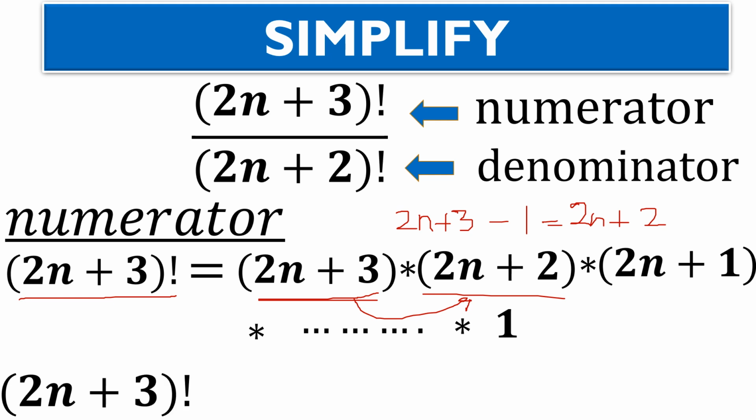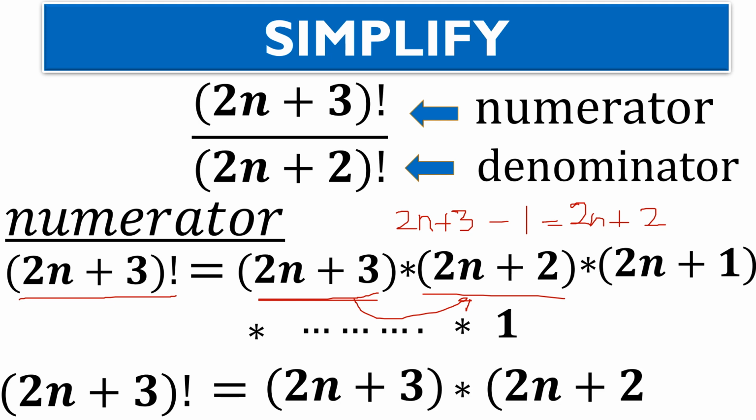But we can re-express this as (2n + 3) times (2n + 2) factorial. Remember, if you start from 2n plus 2 and multiply all the way to 1, that is the same as (2n + 2) factorial.